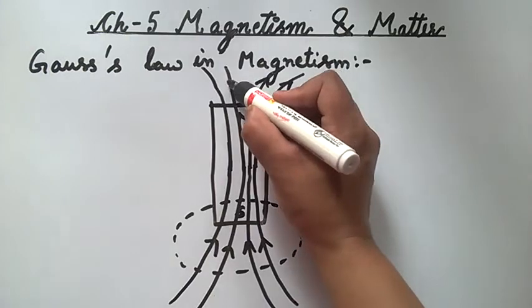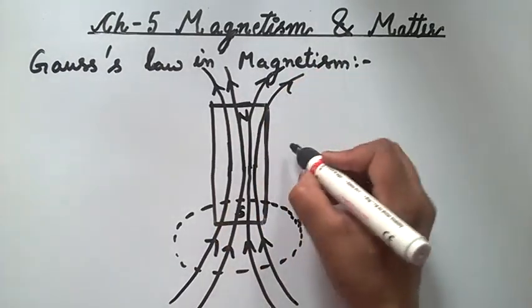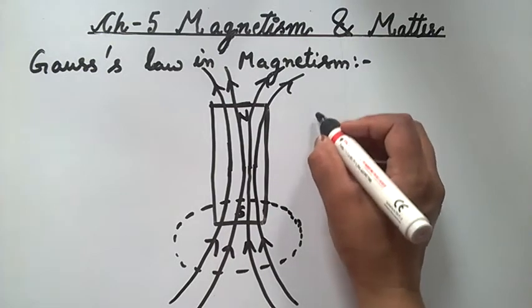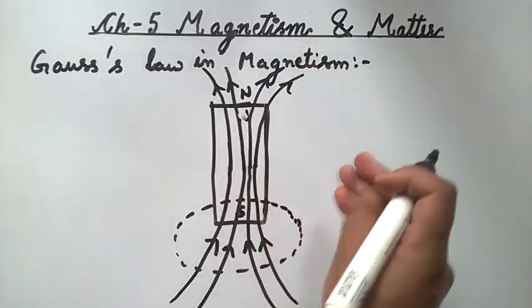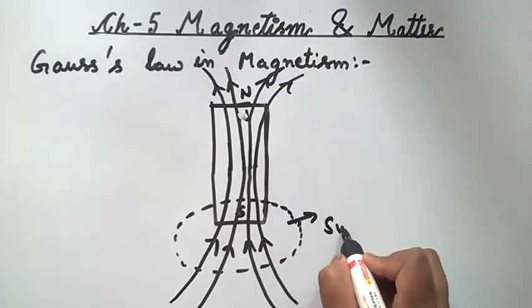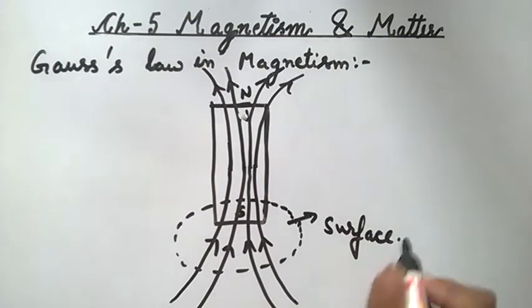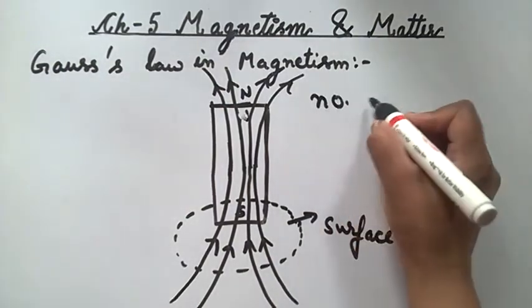Thus, the net magnetic flux is 0. This is north and this is the Gaussian surface. Thus, no monopole.